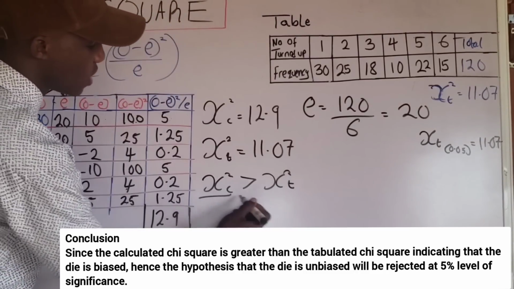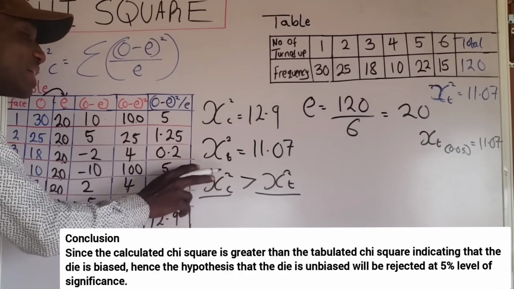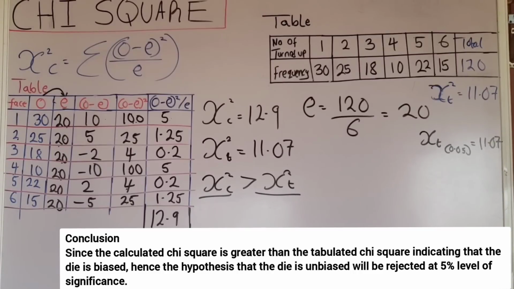That means the hypothesis that the die is unbiased will be rejected. The calculated chi-squared, xc squared, is greater than xt squared at 5% level of significance. So we are going to reject the hypothesis. The die is biased. You understand?